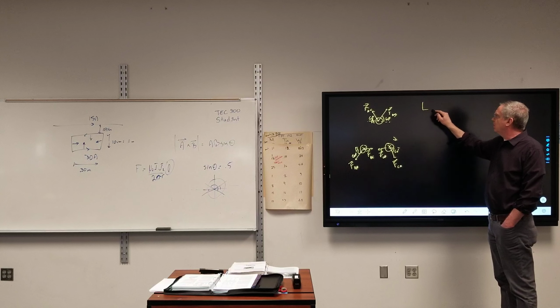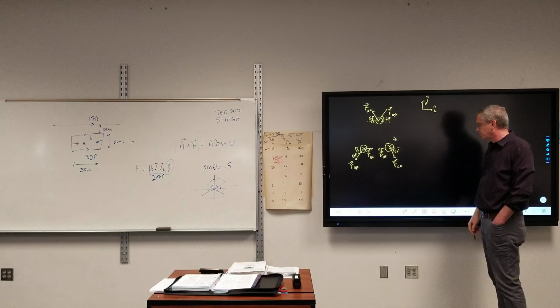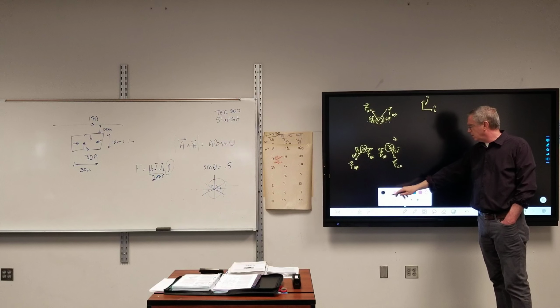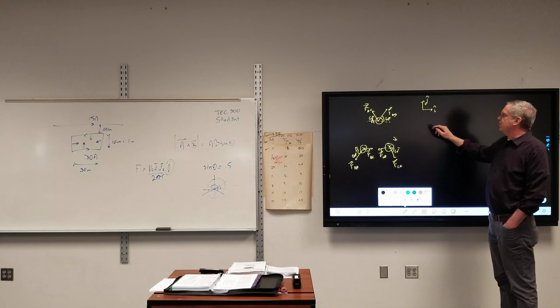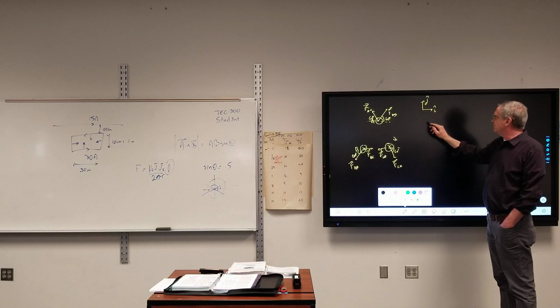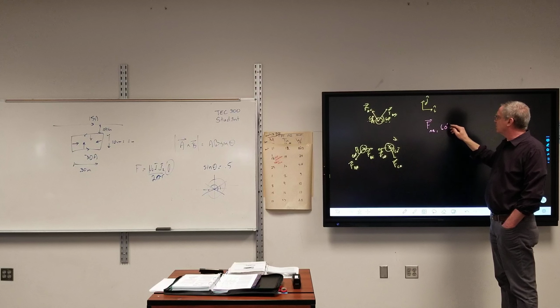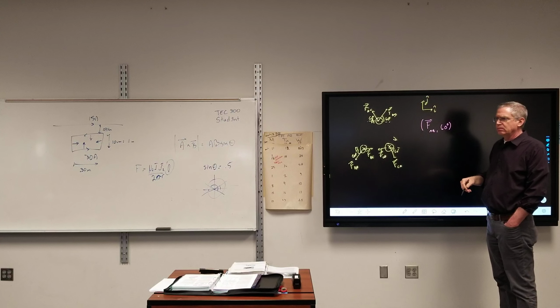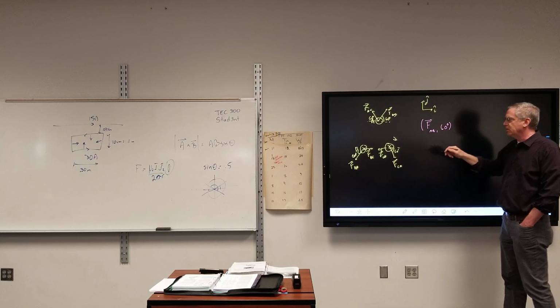All right. If I define my I hat, J hat in the typical way, then I have a vector here, F_AB, at 60 degrees. That's polar form, assuming we've already calculated that number.